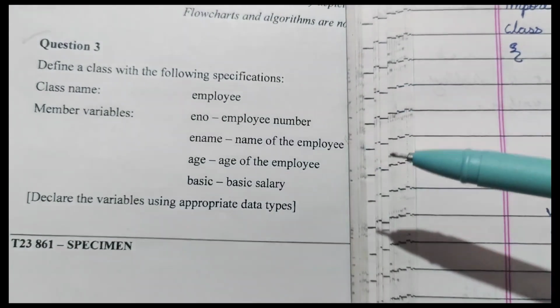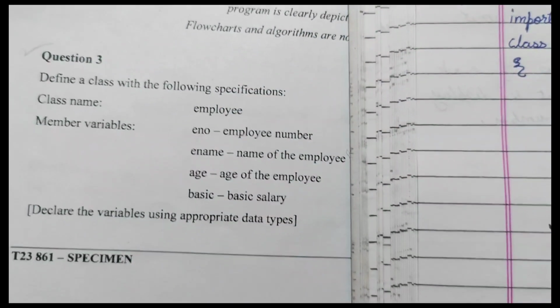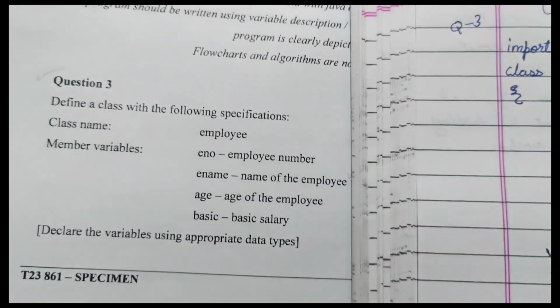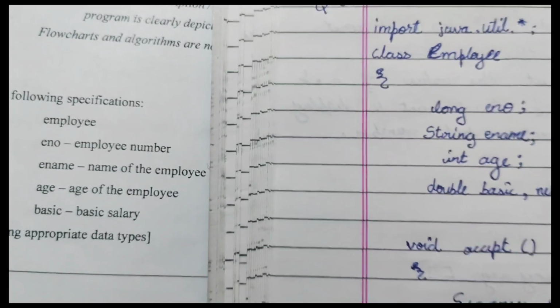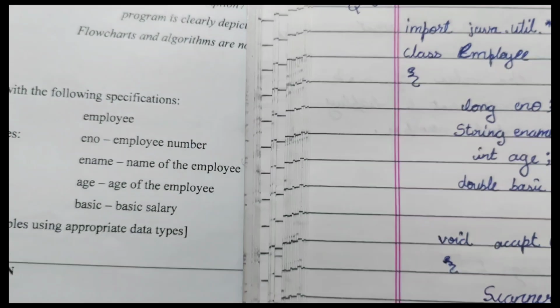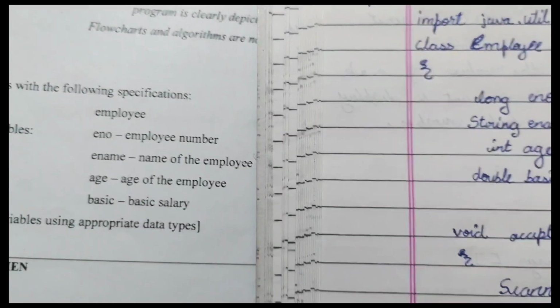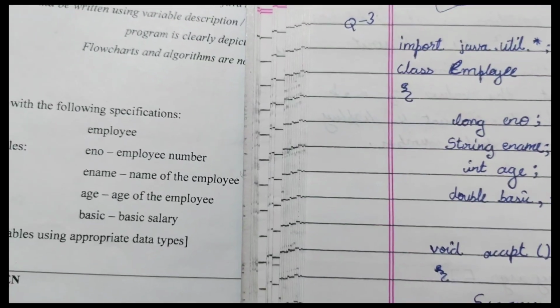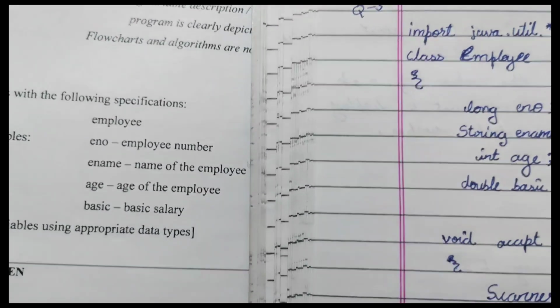The name of employee. Here why we are using string, because string always initializes the characters. So string is used. Int is also used to store whole numbers. So whole numbers must be used in int.